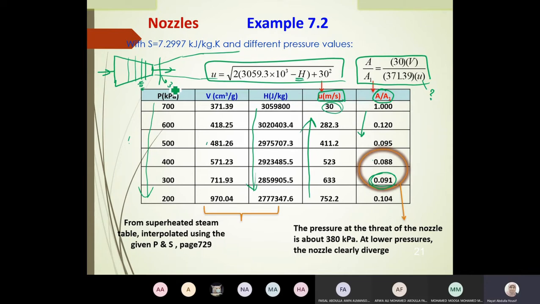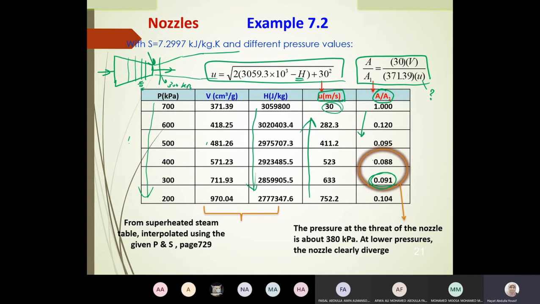So this means that 300 kilopascal is just after the throat, because the throat is the critical location where I got the minimum cross-sectional area. Then you can see there, 0.088, then 0.091, then 0.104, it keeps increasing. Increasing means it diverges once again.